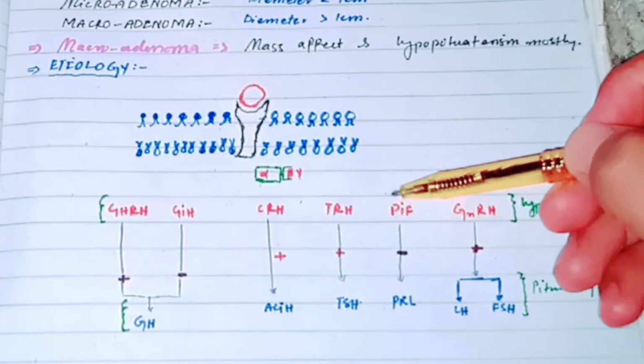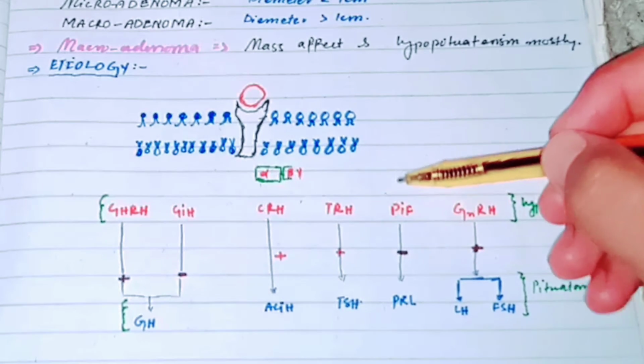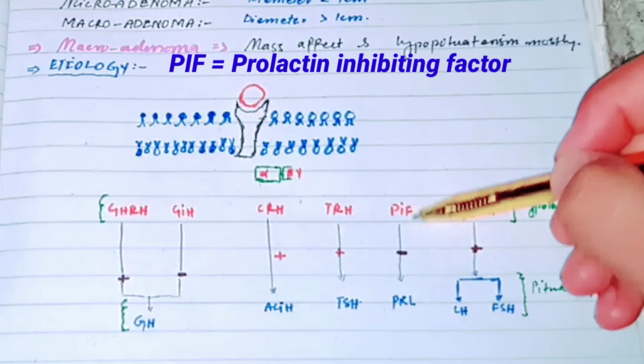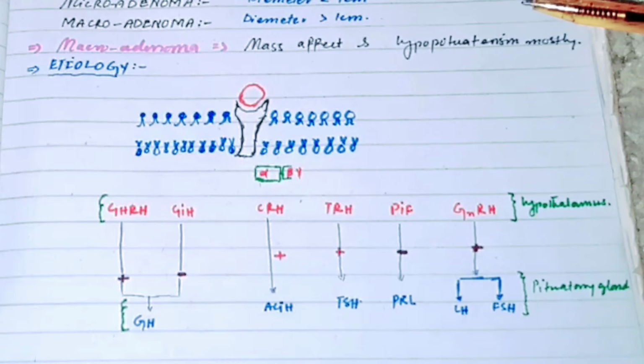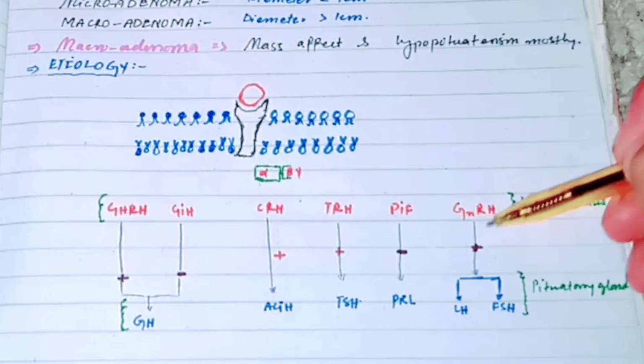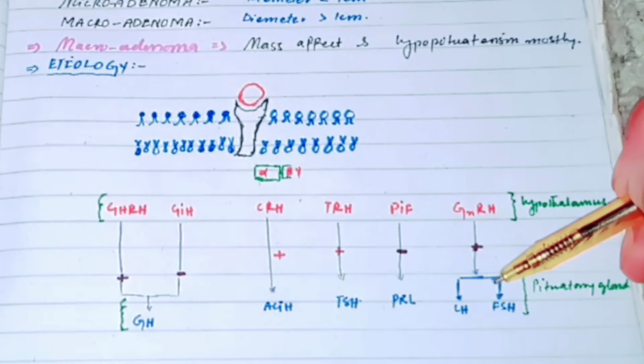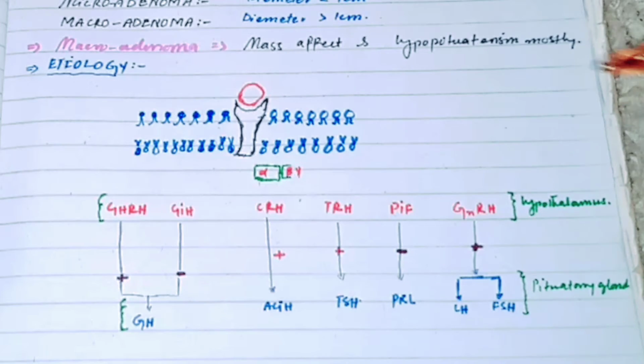And prolactin is inhibited by the prolactin inhibitory peptide, which is released from the hypothalamus. And the gonadotropin releasing hormone from the hypothalamus causes the secretion of luteinizing hormone and follicle stimulating hormone from the anterior pituitary.